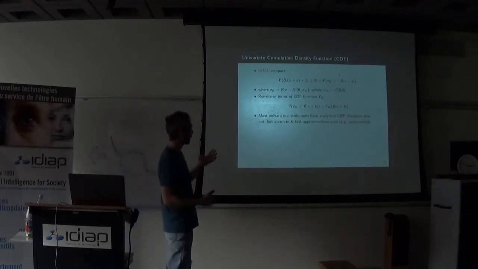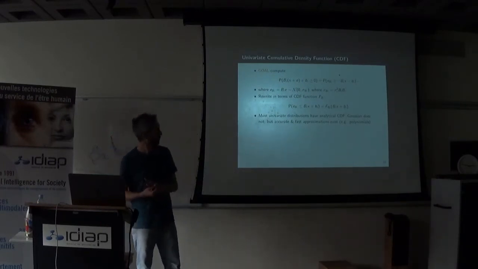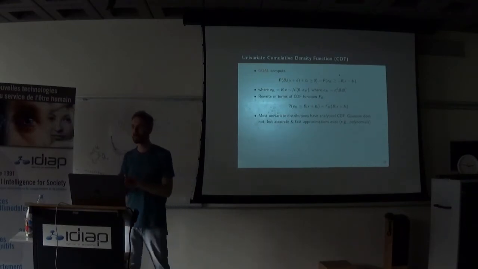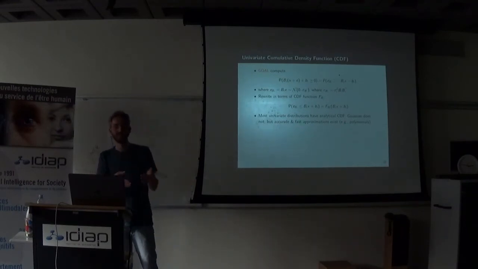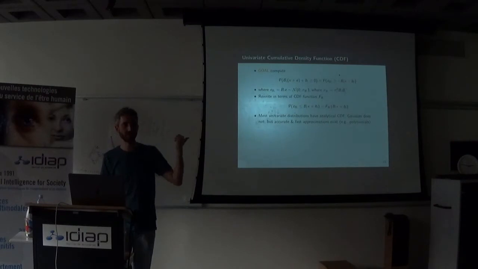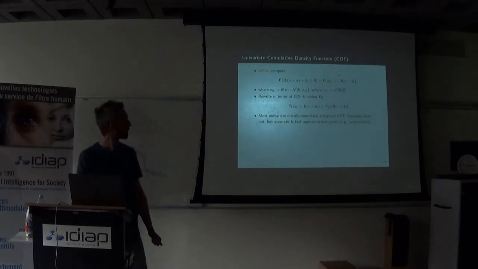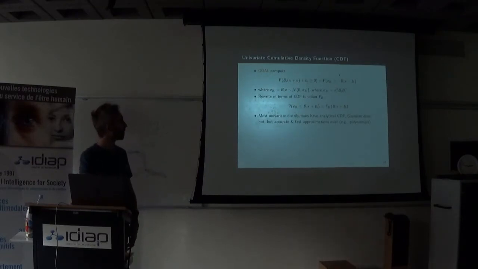But luckily for us, there are very accurate and fast approximations. Actually, I found many papers proposing ways to approximate that integral that are fast, and basically they boil down to evaluating a polynomial. So it takes a few micro or nanoseconds.